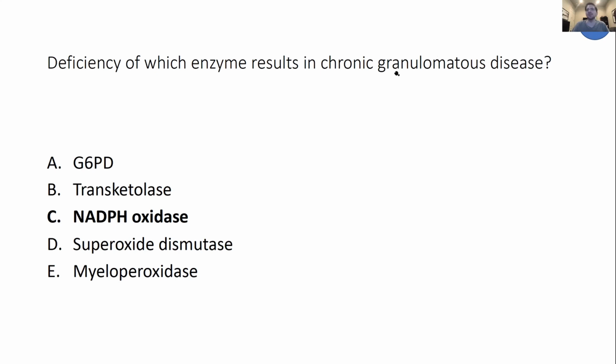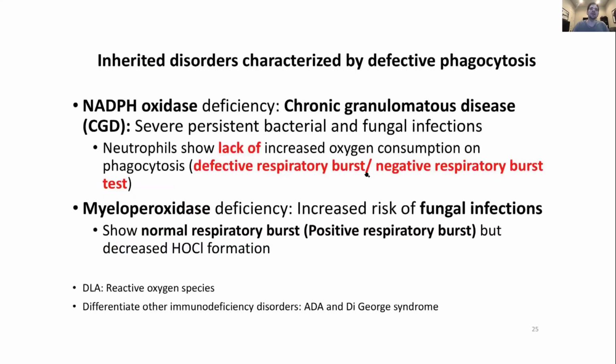I'm not positive y'all talked about this, but in TB, you form these granulomas and it kind of encapsulates the tuberculosis in the lungs. So this is more of a definition, but we did have stuff on this. So chronic granulomatous disease, remember NADPH oxidase is going to help with bacteria and fungal infections, right? Myeloperoxidase using chloride is specific for fungal infections, okay? So definitely make sure you commit that to memory.